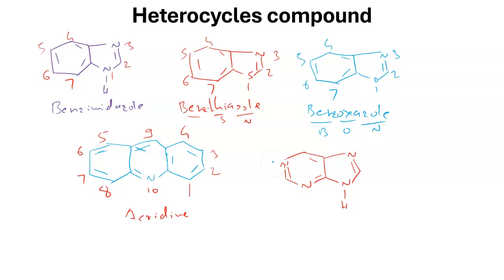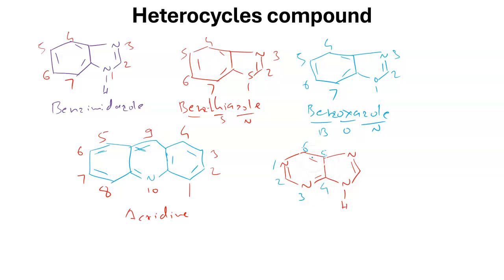And there is also a difference in the numbering of the bridge carbon. 1, 2, 3. We usually leave the bridge carbons, but in this case 4, 5 and 6. So this will be the numbering for this pyrimidine analog, and the remaining is the imidazole analog.